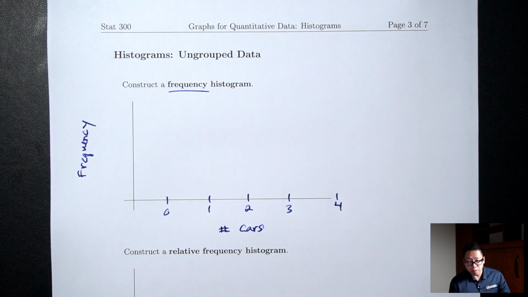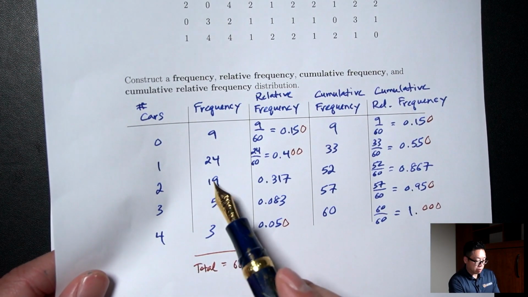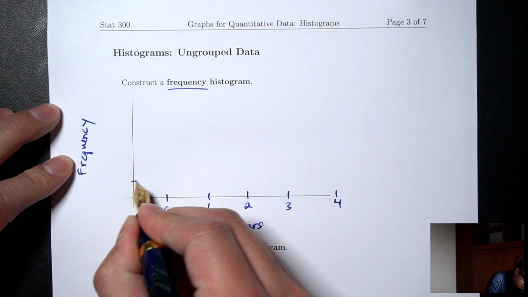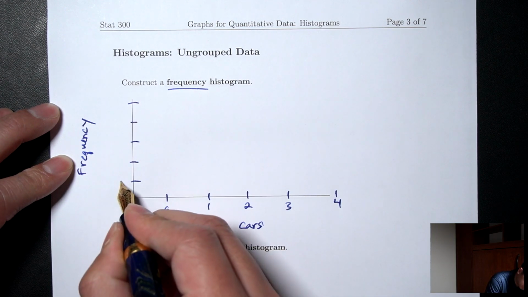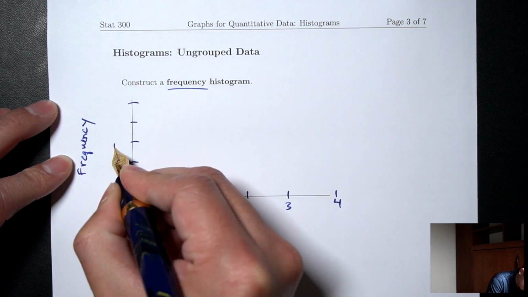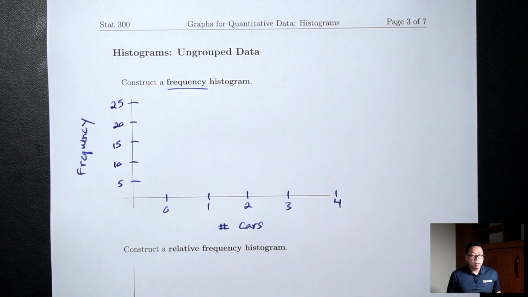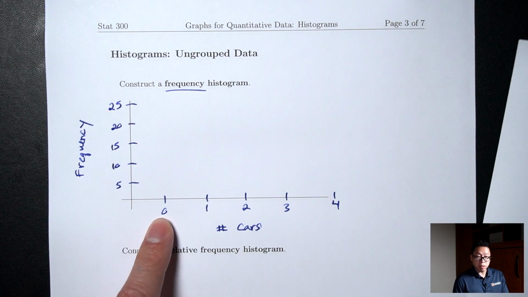Now, you can count by 1s, you can count by 2s, by 5s, by 10s, as long as you get up to that 24. So I'm going to count by 5s. 5, 10, 15, 20, 25. Okay, and then for each value here, you're going to make a bar.